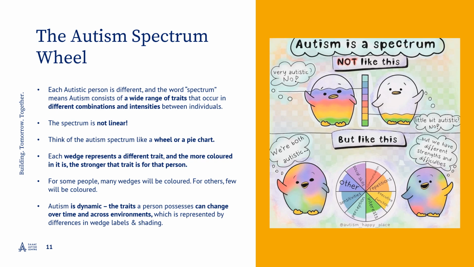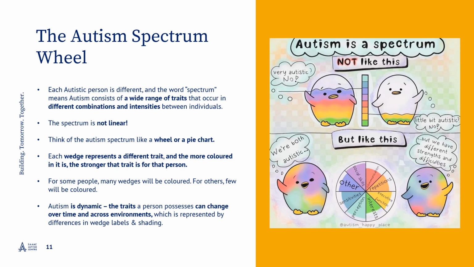Autism is also dynamic. This means that the traits a person possesses can change over time and across environments, which is represented by differences in wedge labels and shading. This means that some days an autistic person may be able to manage their daily schedule independently, while on other days they may need a lot of help.